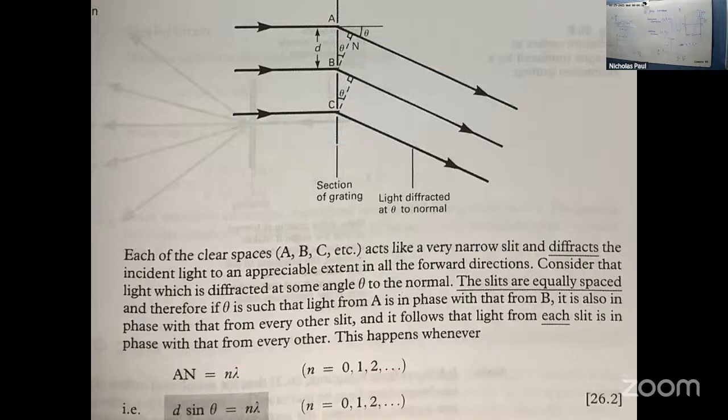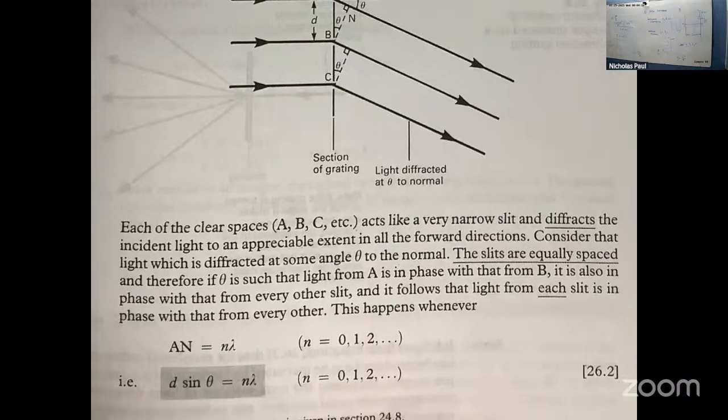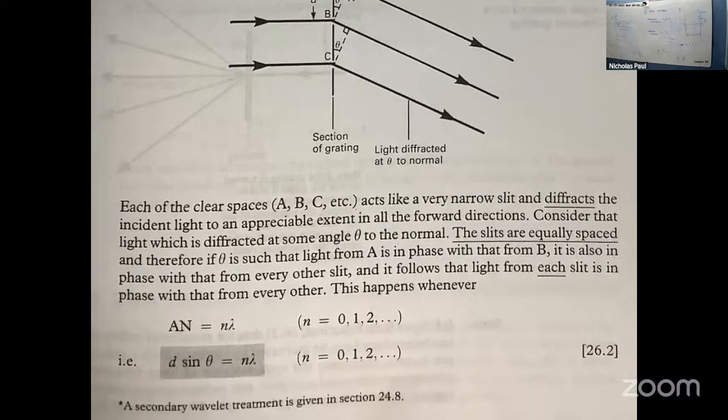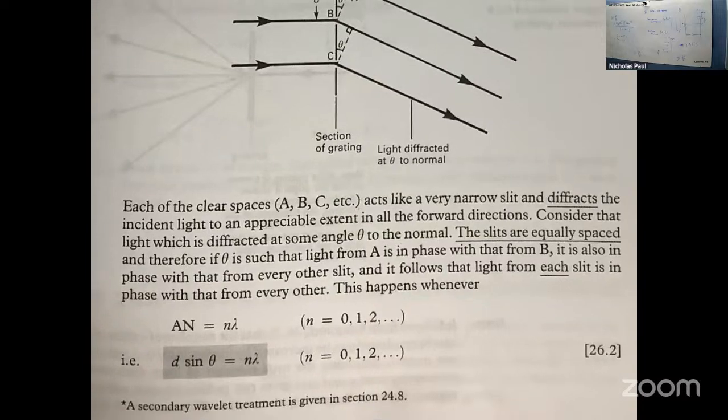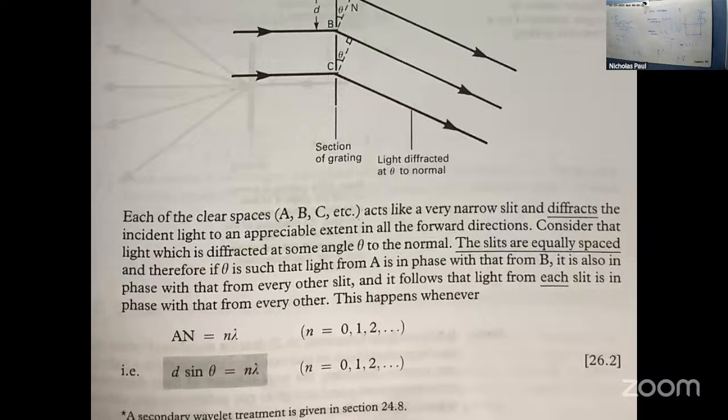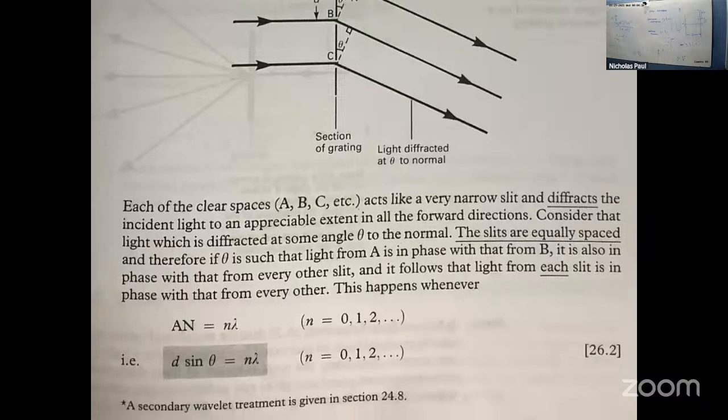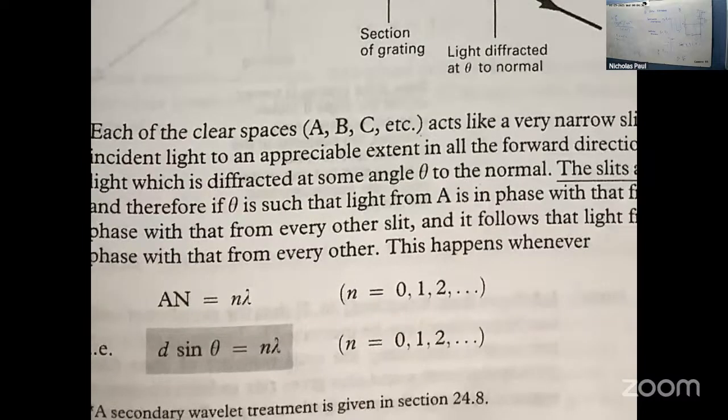It follows that light from each slit is in phase with that from each other. This happens whenever the path difference between A and B is a whole number of wavelengths. So look at the formula and you will see that the path difference is n lambda.